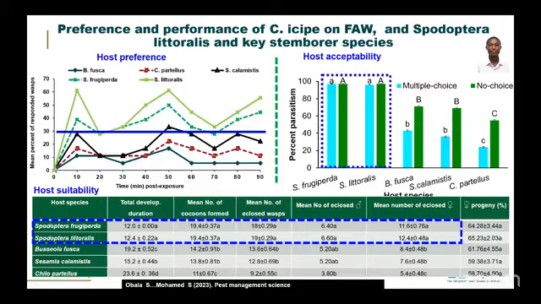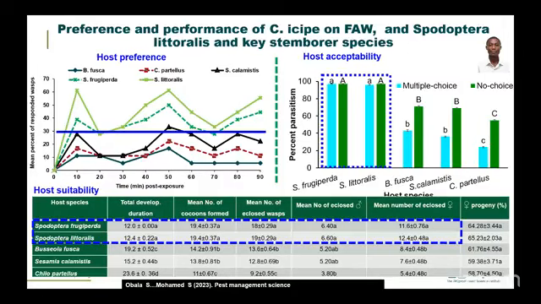And the suitability of this parasitoid for oviposition was high for fall armyworm and its closely related relative, Spodoptera littoralis. And we went ahead and tested how it affects the development duration, the number of cocoons formed, the number of adult wasps, and of course the sex ratio.